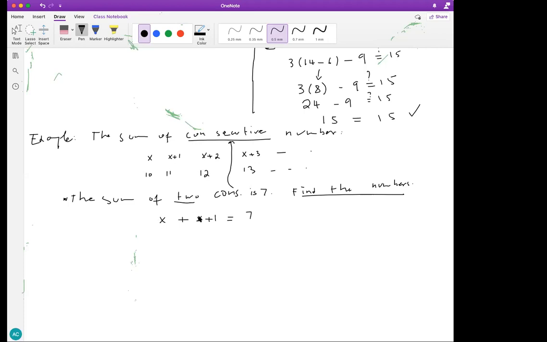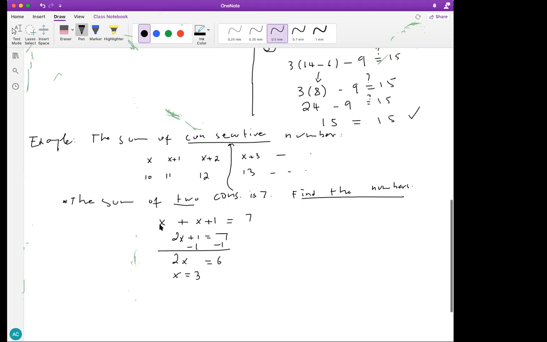So we have x plus x plus 1, which is 2x plus 1, equals 7. Then we subtract 1. So 2x is 6, which means x is 3. So x is the first number.